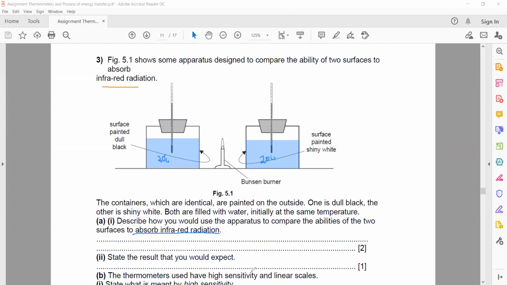Yes, black will absorb a greater amount of energy, but practically how can we compare them?